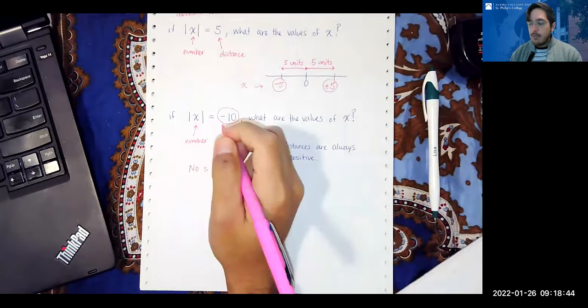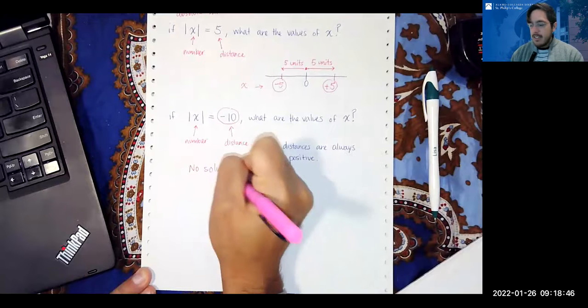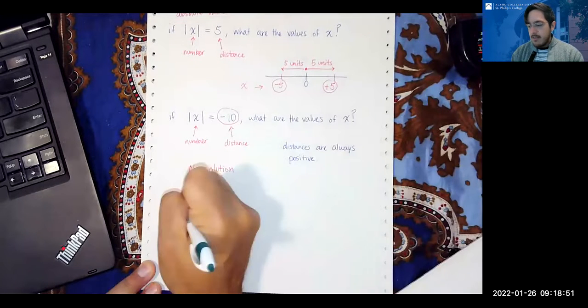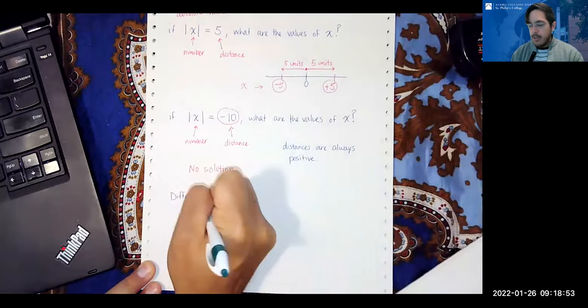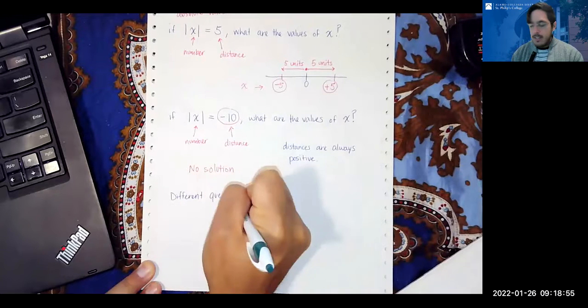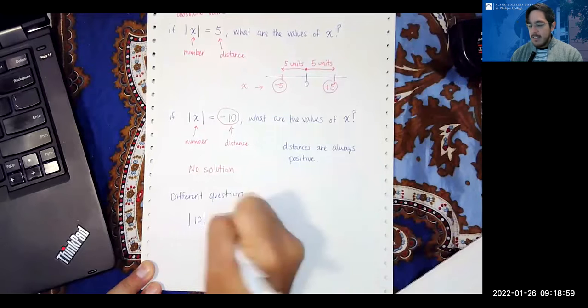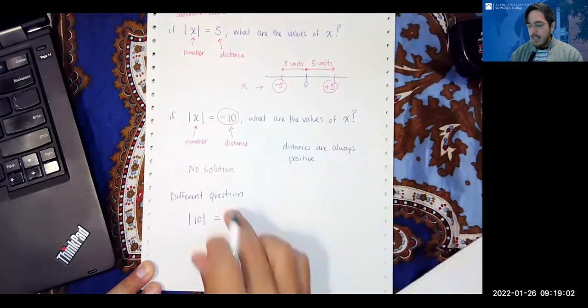That is different from saying something like this. This is a different question. The different question would be, what is the absolute value of 10? That is just 10. That is the distance that 10 lies from 0.